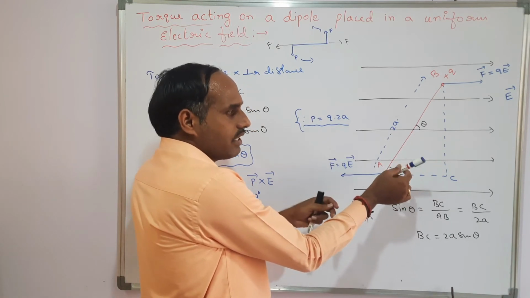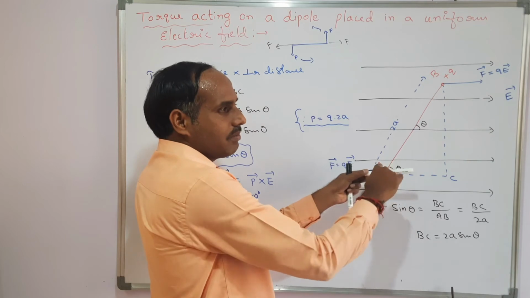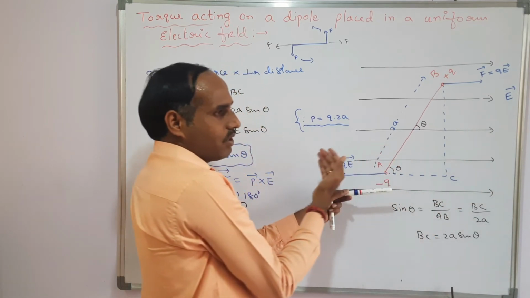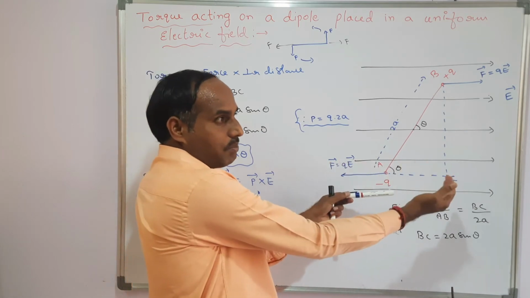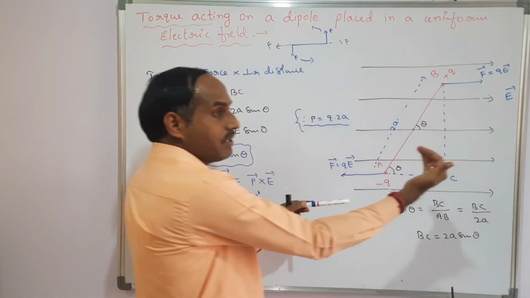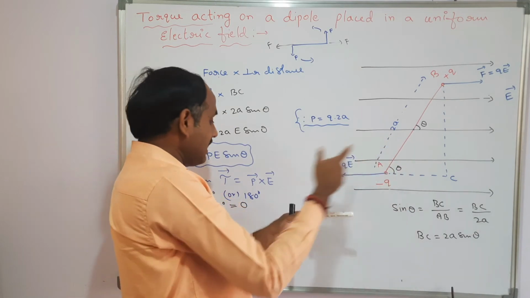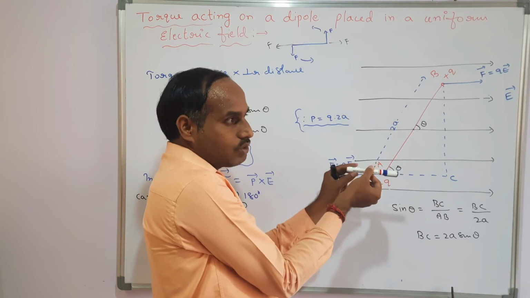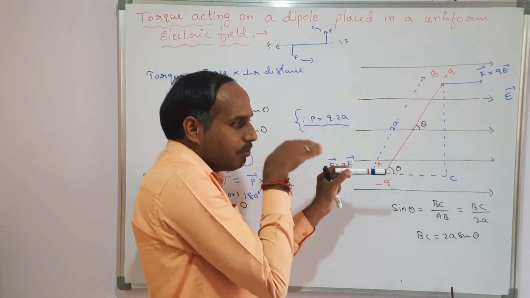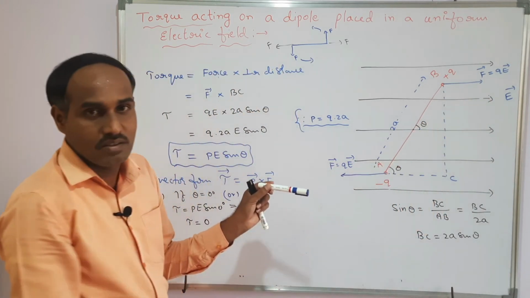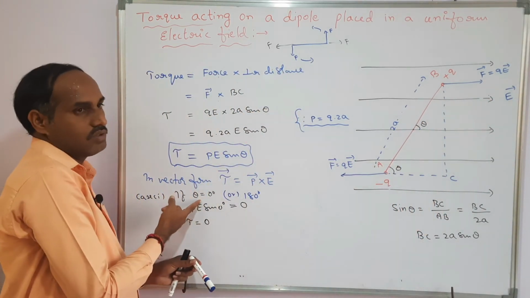Even though I am rotating in this direction, of course it makes an angle theta of 180 degrees, meaning the negative charge is on this side and the positive charge is on this side. So the dipole moment is towards left, the electric field is towards right. When placed in the other manner, this is negative, here it is positive, the dipole moment is towards right, and the electric field is also towards right, so theta is 0.